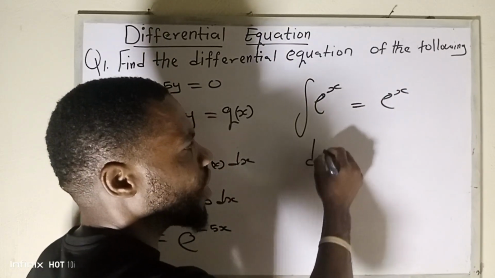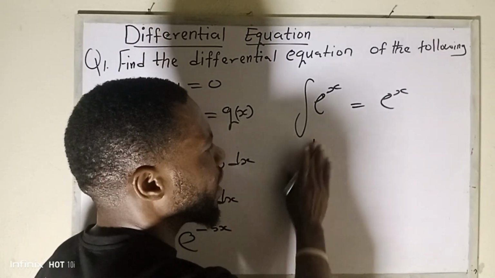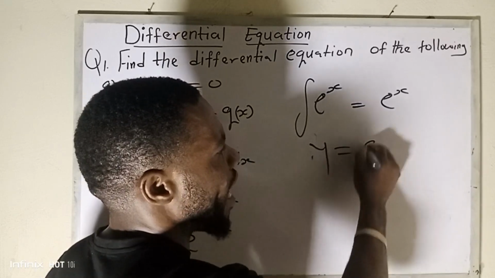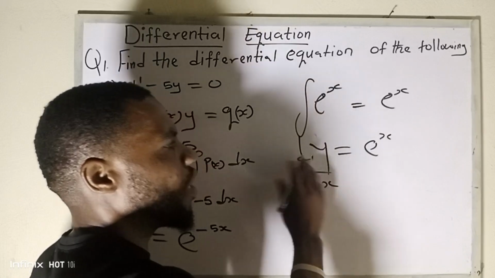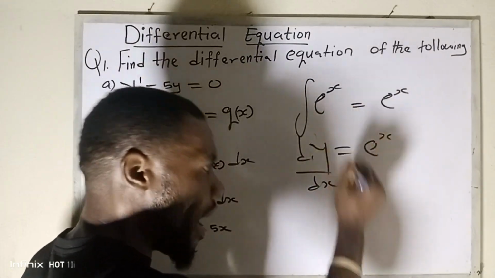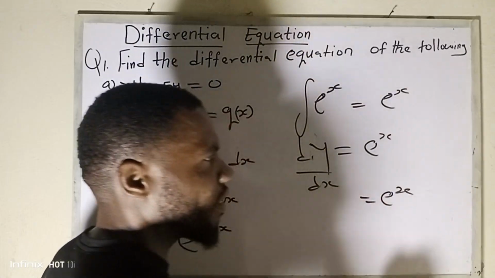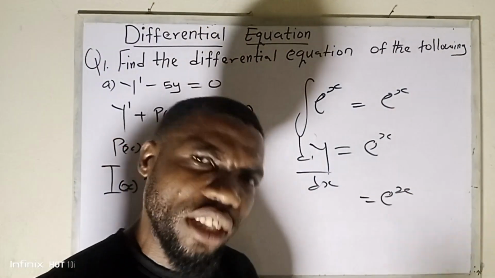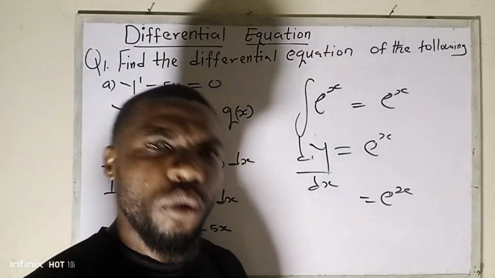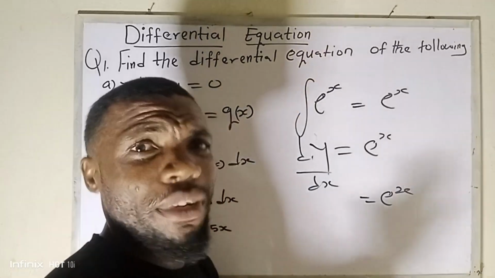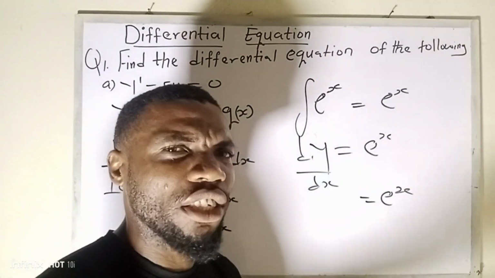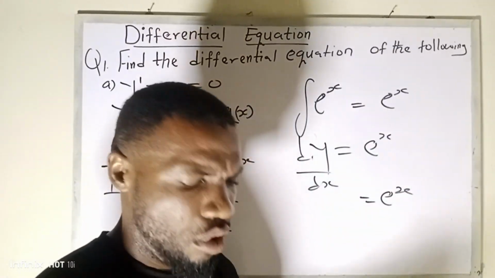And when we differentiate exponential x, dy over dx, we are still going to get exponential x. So when you integrate exponential x, you get exponential x. When you differentiate exponential x, you still get exponential x. So keep that in mind. Master exponential, because all of this involves exponential.